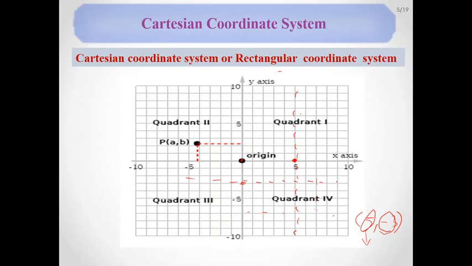You make this horizontal line, and then you locate their intersection, which is 5, -3. In the next slide you will see plotting points. We will learn it better.